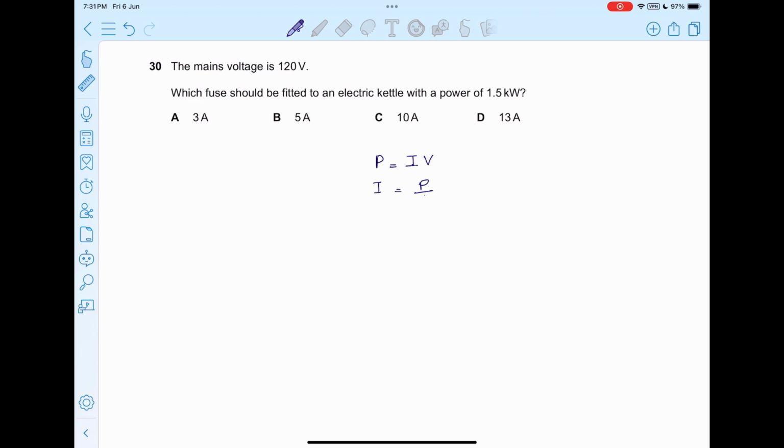I is equal to P by V. P is 1.5 into 10 power 3, and then divide by 120. So the answer should be 13 amps. D.